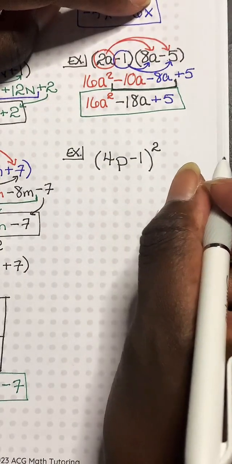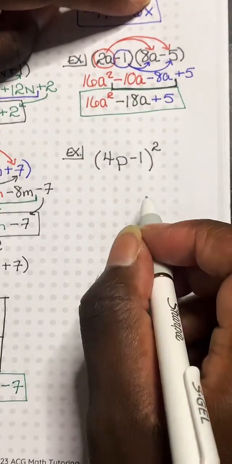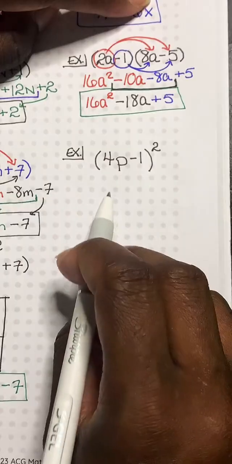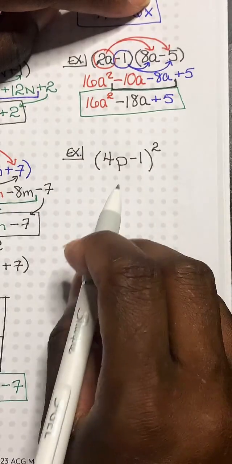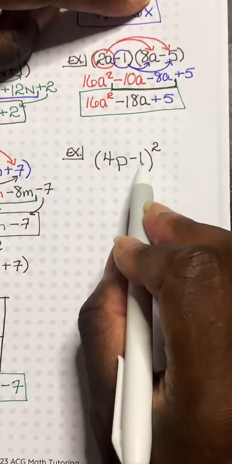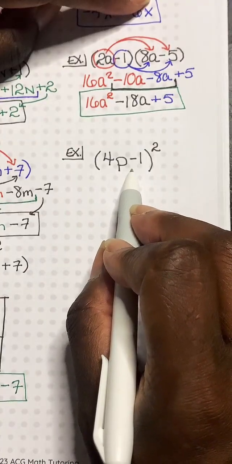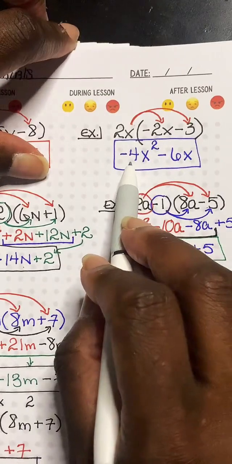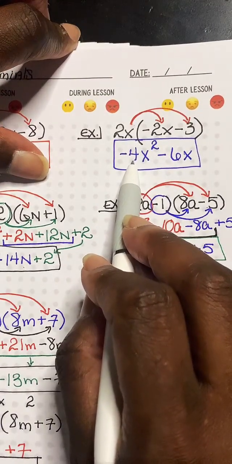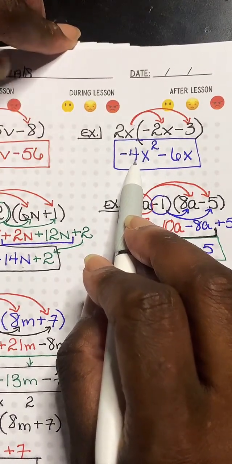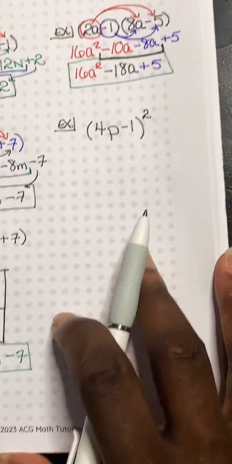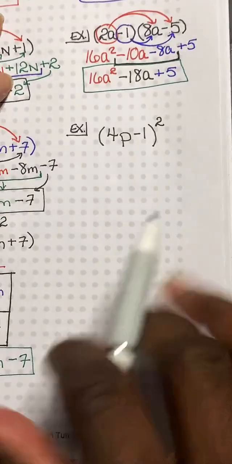So this is what happened after high school. Instead of just having one number as my base, say -4x, we have a whole expression.